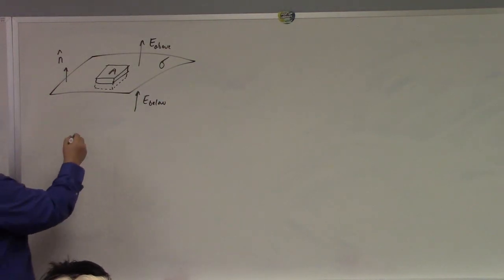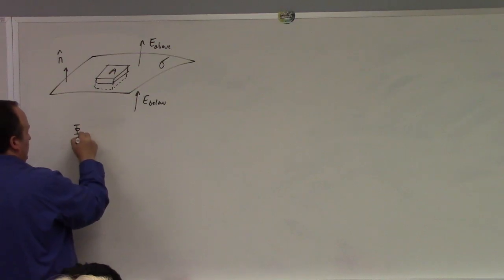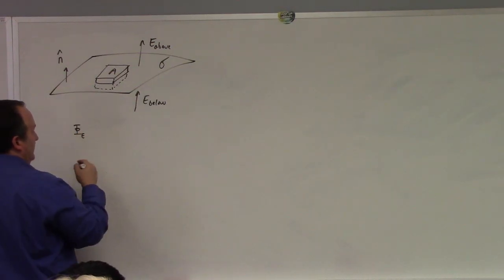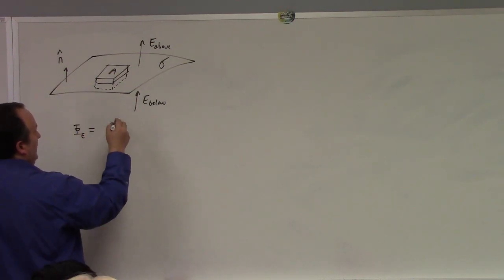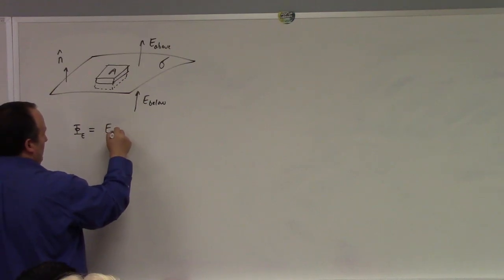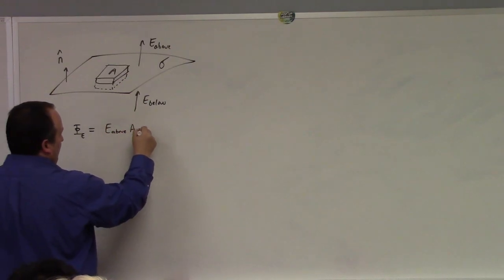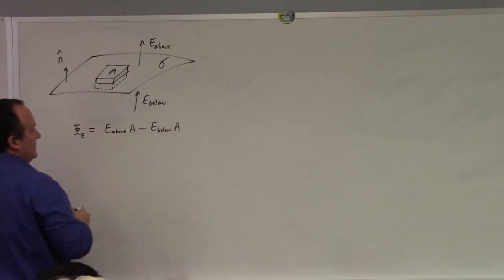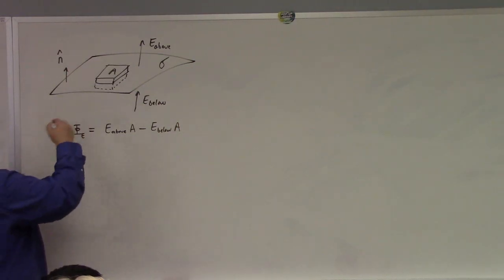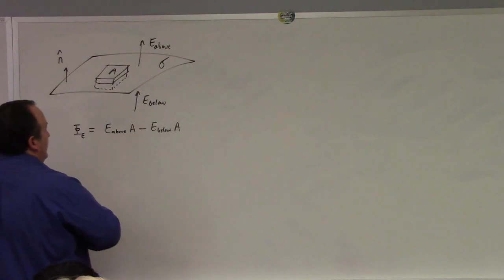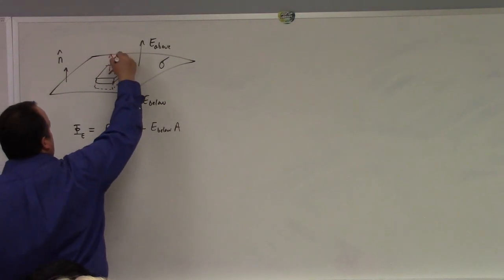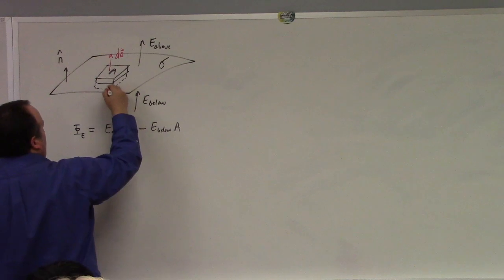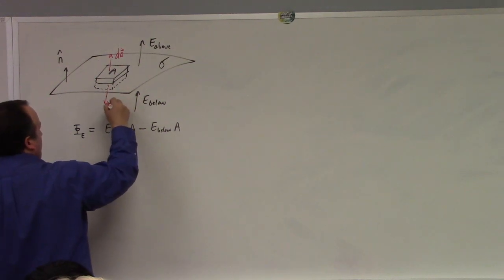If we do that, the flux through this little region is what? Well, it's E above times A minus E below times A, because the outward pointing normal to the Gaussian pillbox points up here, and down here it points the other way.